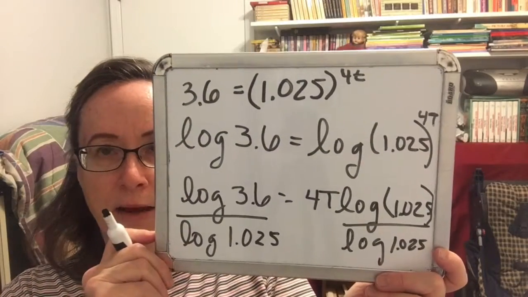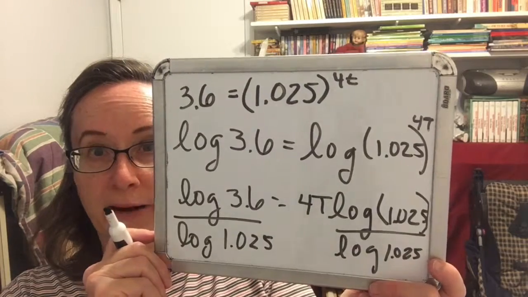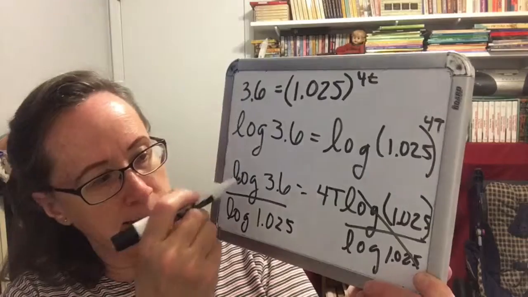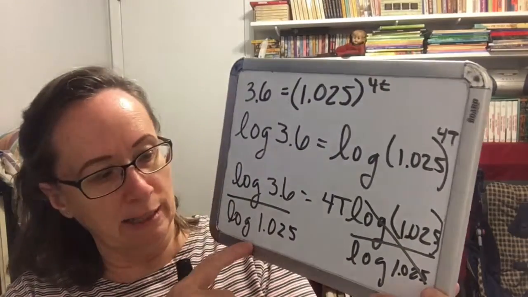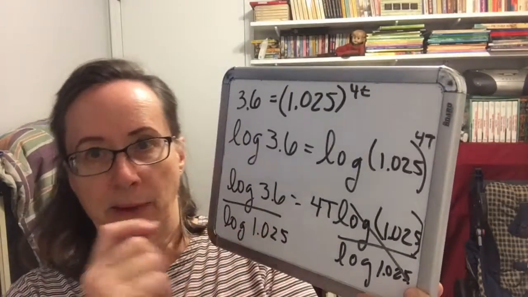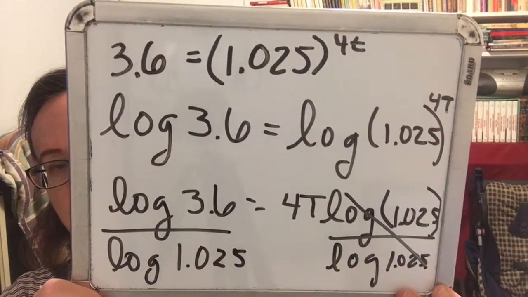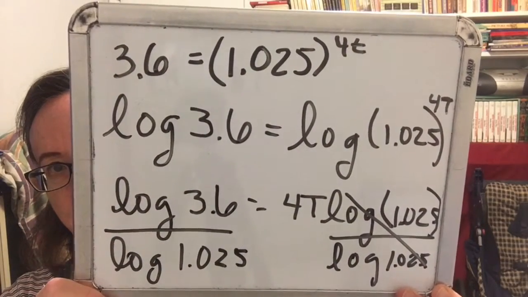Okay, so now I am almost there because this goes away and I've got 4t is equal to all of this. So now all I have to do is calculate this, divide it by 4, and I get the t. So there's the board that I have at this time.